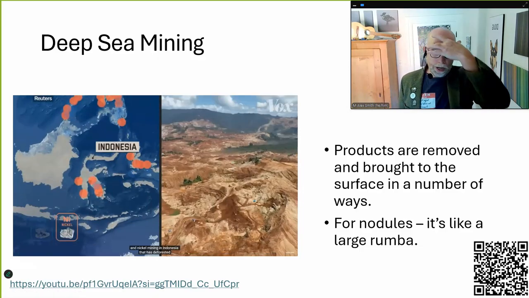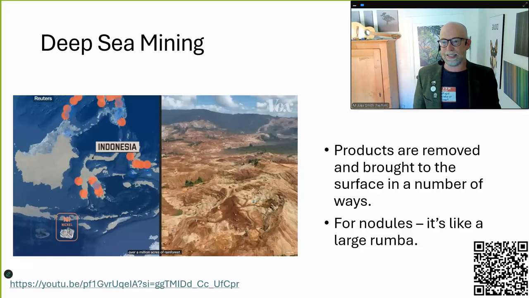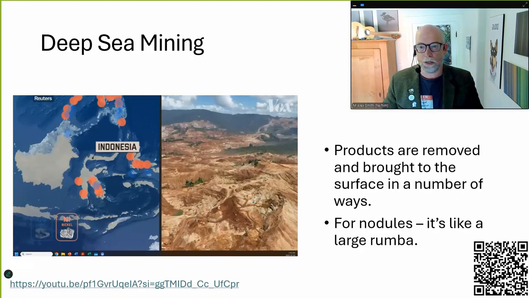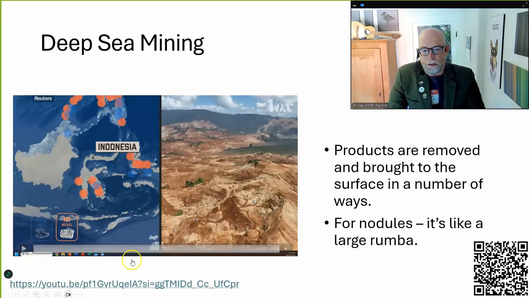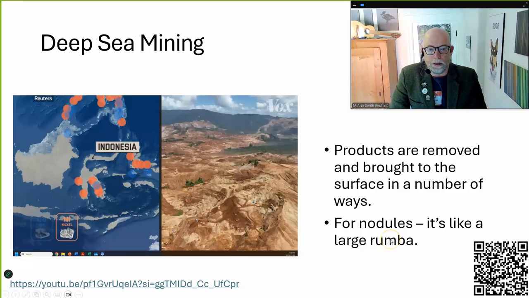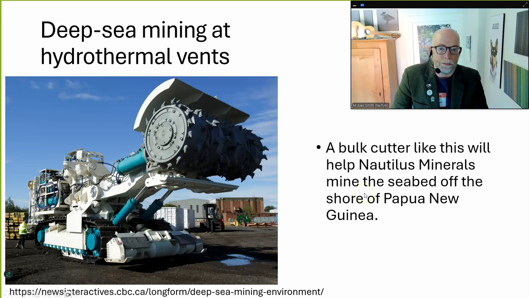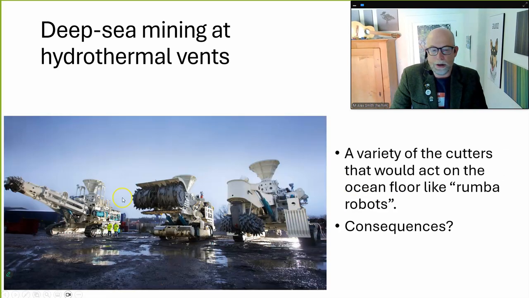And we know that mining in a terrestrial world has extensive, catastrophic environmental consequences. And maybe mining in the deep sea isn't that big of a deal. But the Roombas are like this. They're quite big. They're even bigger than that.